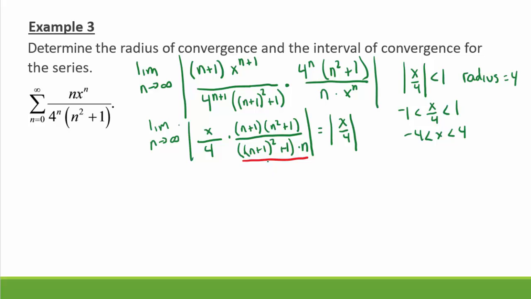Now the key thing is once you've found this interval, you need to check the endpoints. When I plug in -4 and 4 into this series, I need to see if it converges at the endpoint. So I need to make sure I check the endpoints.